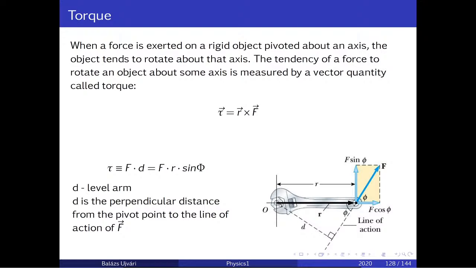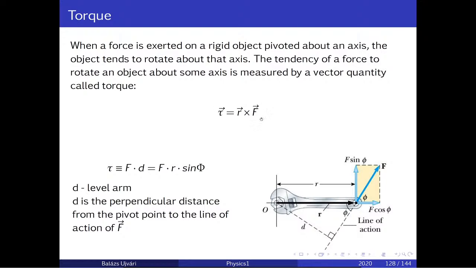In this case, the rotational axis is easy because it's here, but if there is a so-called free body, the rotational axis should go through the center of mass of the body. But let's go back to that later.